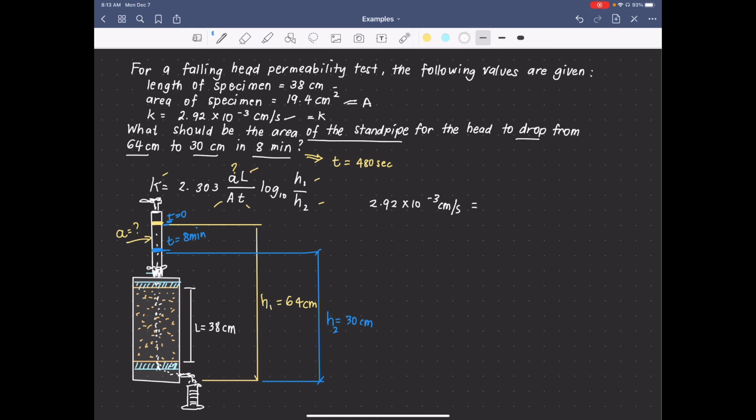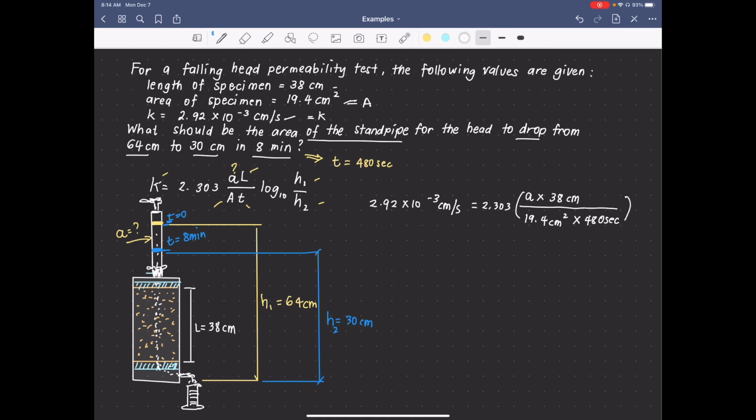That is equivalent to 2.303 times the area of the standpipe, which is unknown, by the length of the specimen, which is 38 centimeter, all over the area of the specimen, which is 19.4 cm square, by the time required for the water to drop from 64 cm to 30 cm, which is 8 minutes, or that is equivalent to 480 seconds.